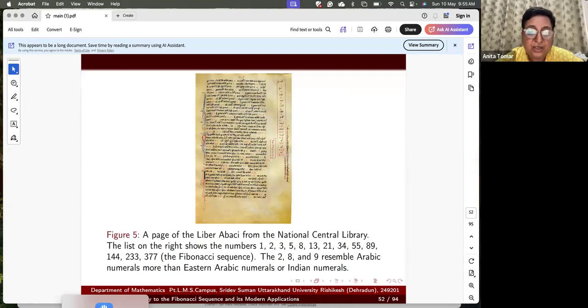This is the page of the Liber Abaci from the National Central Library. The list on the right shows the numbers which are nothing but the Fibonacci sequence. The digits resemble Arabic numerals more than Eastern Arabic numerals or Indian numerals.